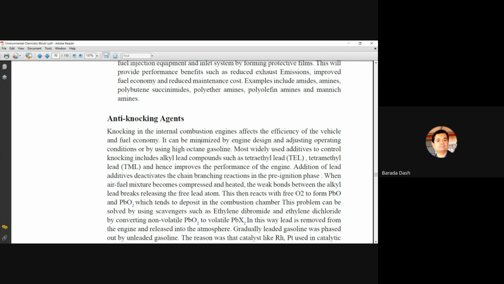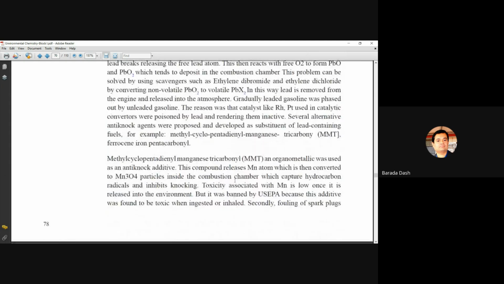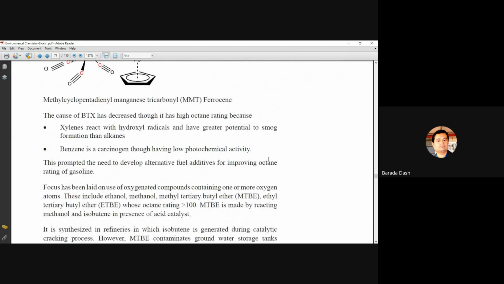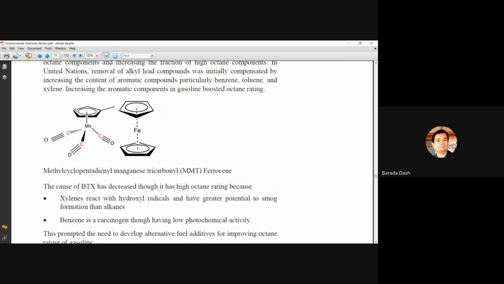It can be minimized by engine design and adjusting operating conditions, or by using high octane gasoline. An example is MMT, methyl cyclopentadienyl manganese tricarbonyl. This is the structure of MMT, where manganese and iron are there.